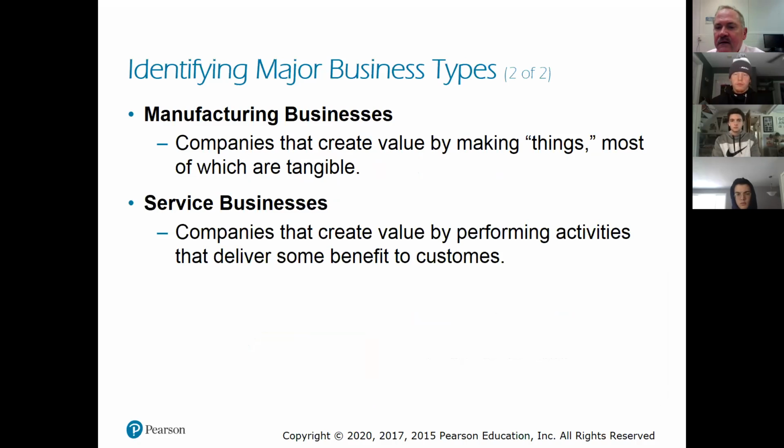we can look at, in terms of business types, there's two types, either manufacturing or service, okay? And if it's manufacturing, you're doing what we call goods producing. And so they can be either tangible or intangible things, okay? Just about all manufacturing end products are tangible, okay?